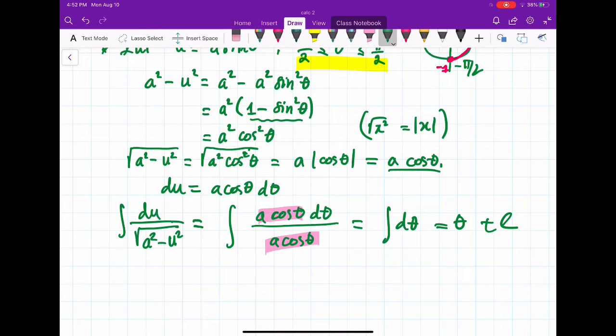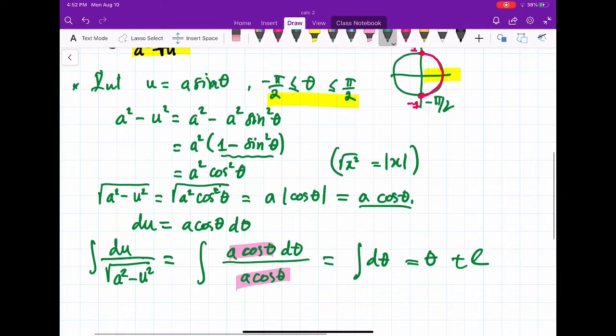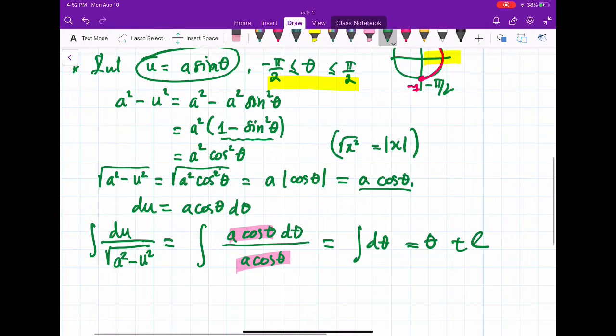But what is theta? Theta can be solved by using the substitution. Okay, let me write that in detail.